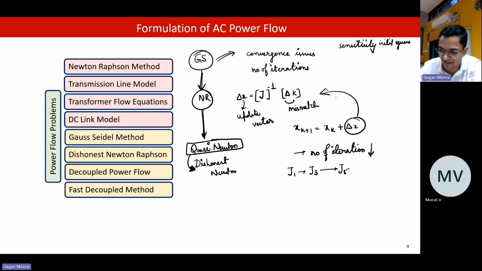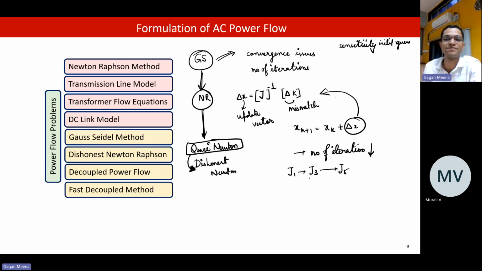If the error vector is not reducing much, that means we need to update the Jacobian. We need a balance between two things.